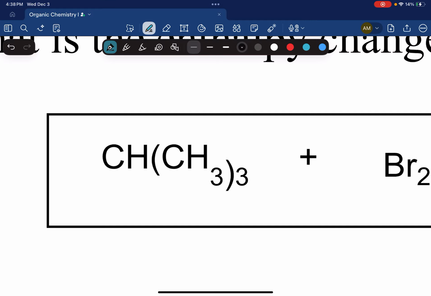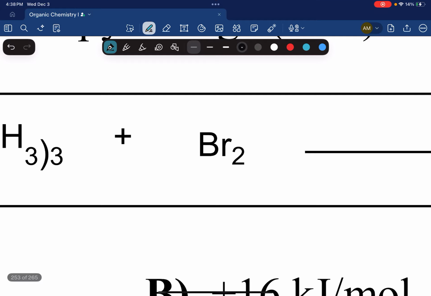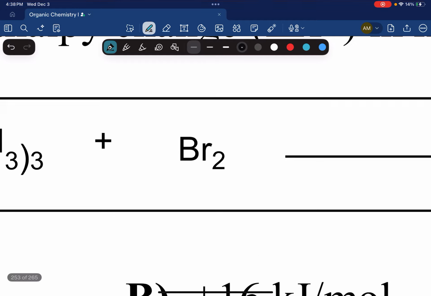Do you see how it says CH3 parentheses 3 C to H? The kilojoules per mole for that one is 381. Now look at your ZZ bonds, and you'll see a bromine to bromine at 192.